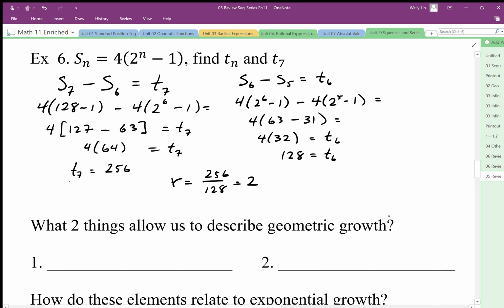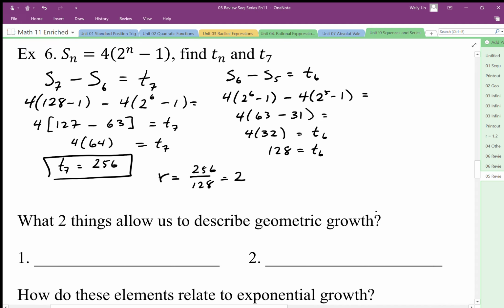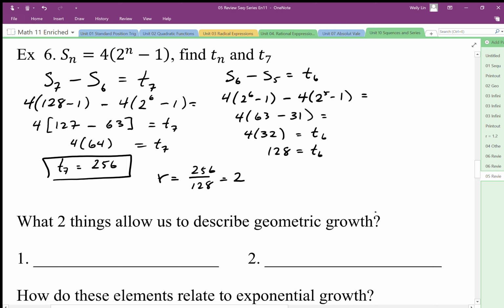So we solved for T7. We want to find Tn. We need to find the first term and determine the R value. To find the first term A, we can use the concept that S1 is equal to T1, which is equal to A. Plugging 1 into the S equation, we get 2 to the power 1 minus 1, so A is equal to 4.